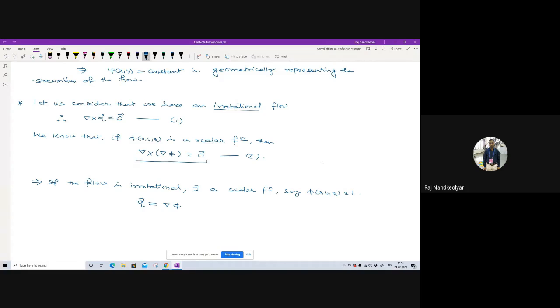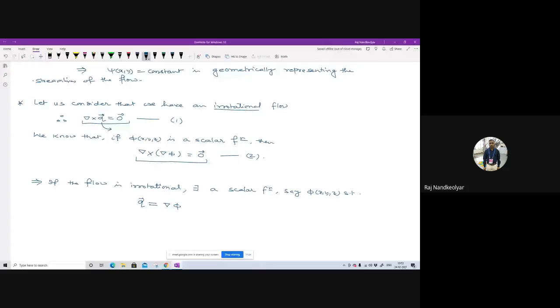It means for some scalar function, we are assuming Q equal to gradient of phi.